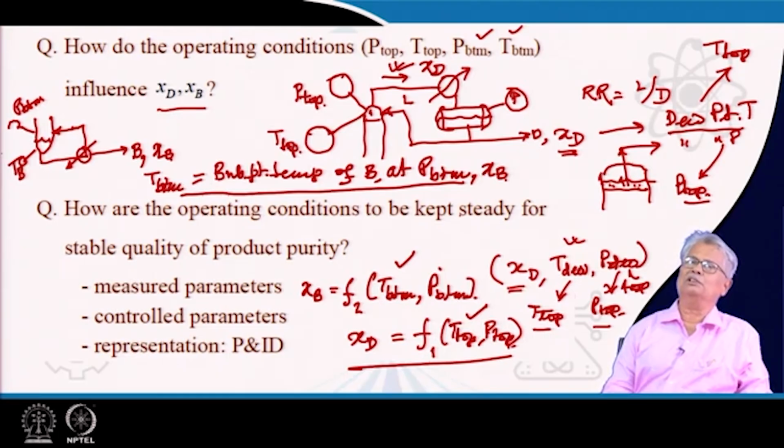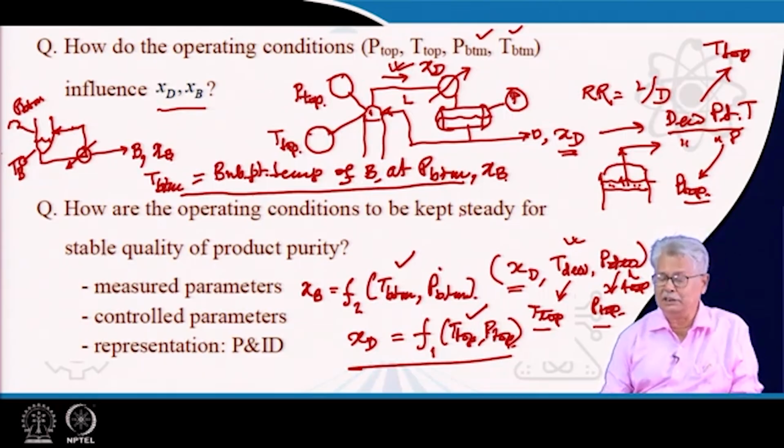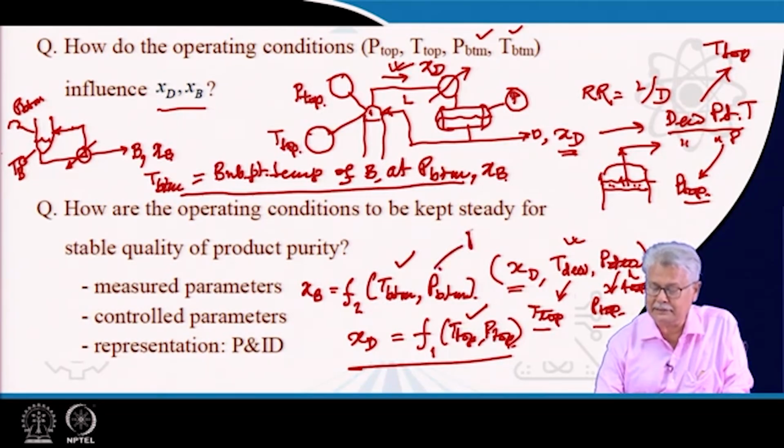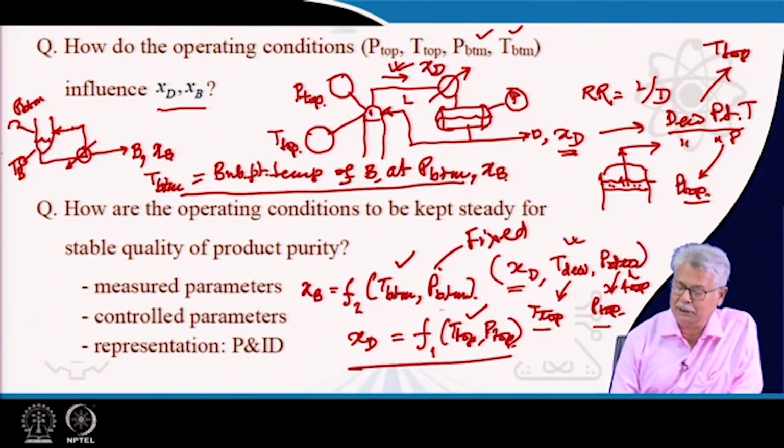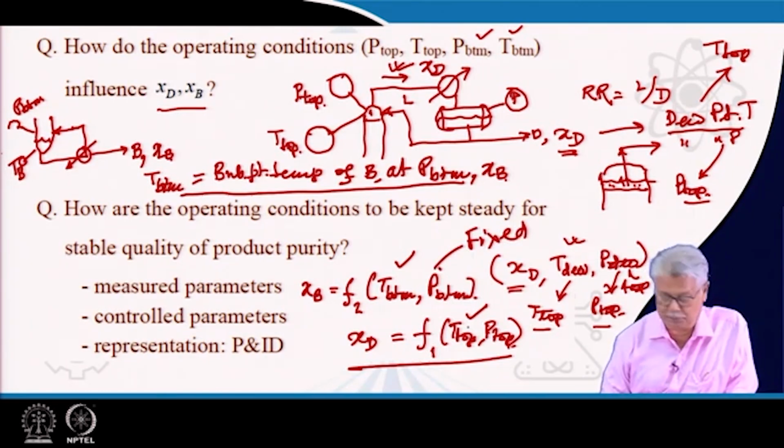That means such pressure surges are usually sufficient to dislodge trays. So, one thing is true, normally you would not like the column pressure to vary, and so naturally you would like it to be kept fixed by using some sort of controller. So, you usually keep this fixed, and this is the column top which is kept fixed.